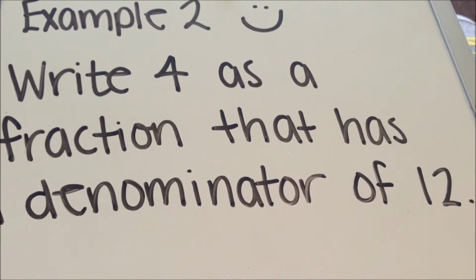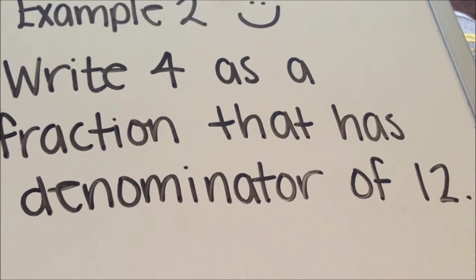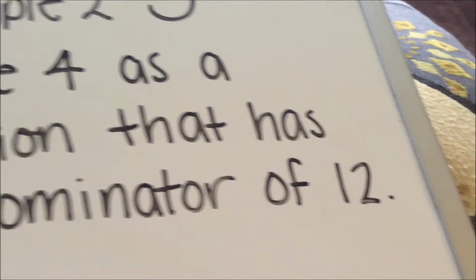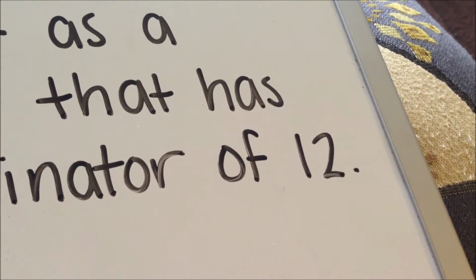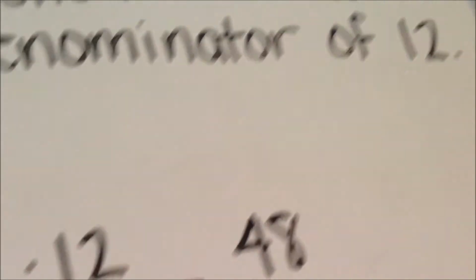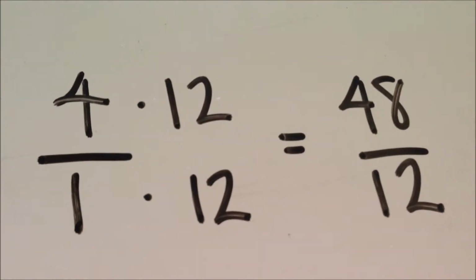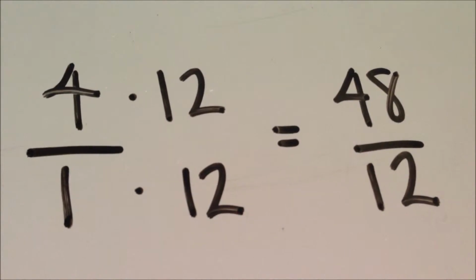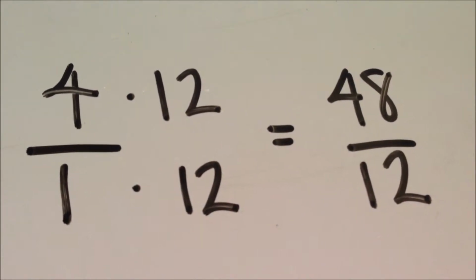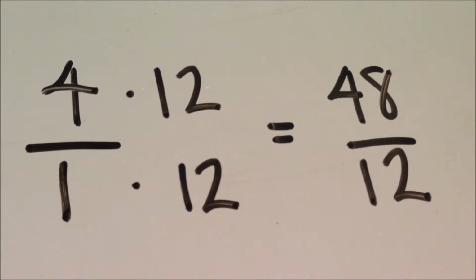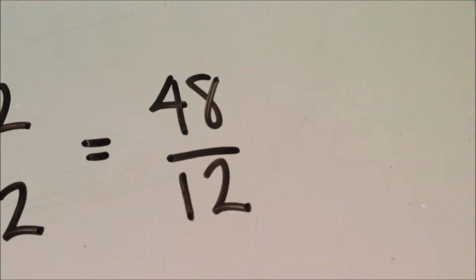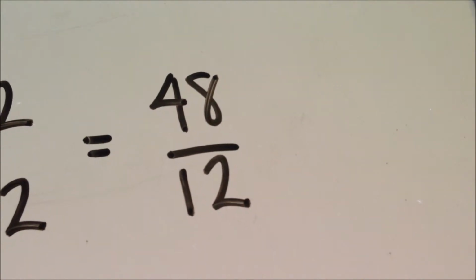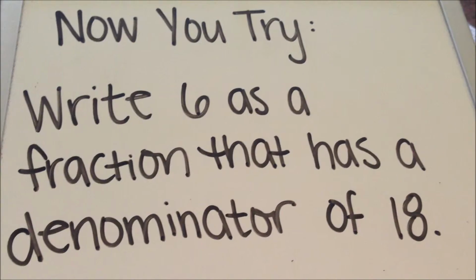So if we write the number 4 as 4/1, and then recognize that we have to make the denominator into 12, we're going to multiply by 12. So, we write 4 as 4/1, multiply the denominator by 12, and therefore multiply the numerator by 12. So our equivalent fraction is 48/12, which equals 4.